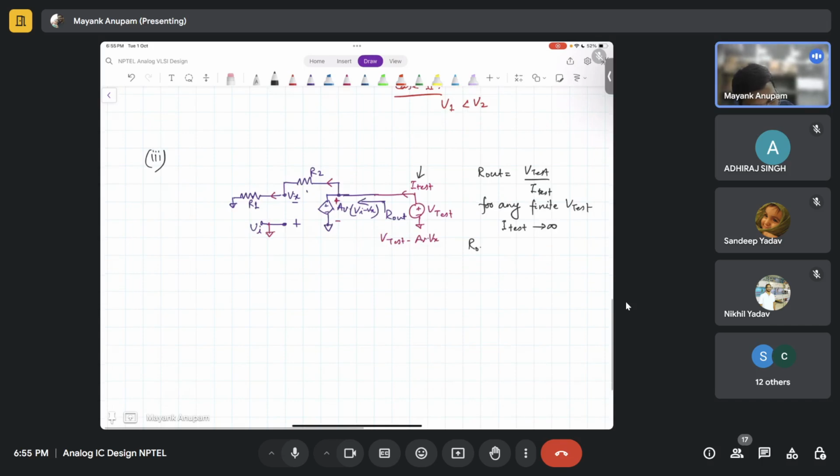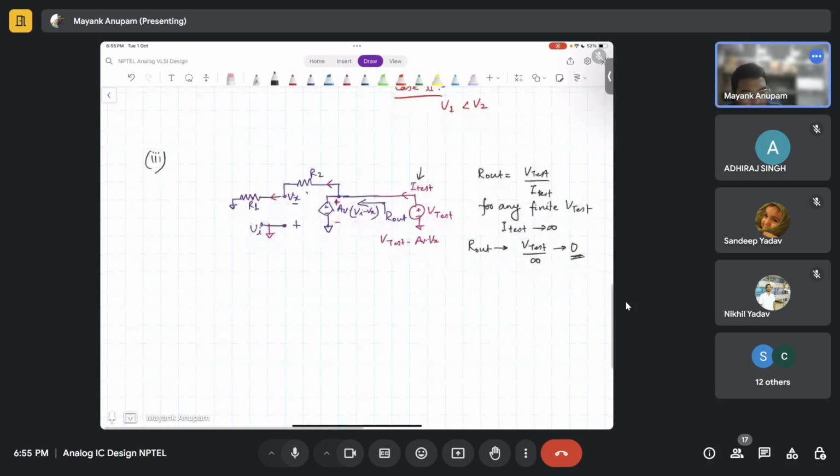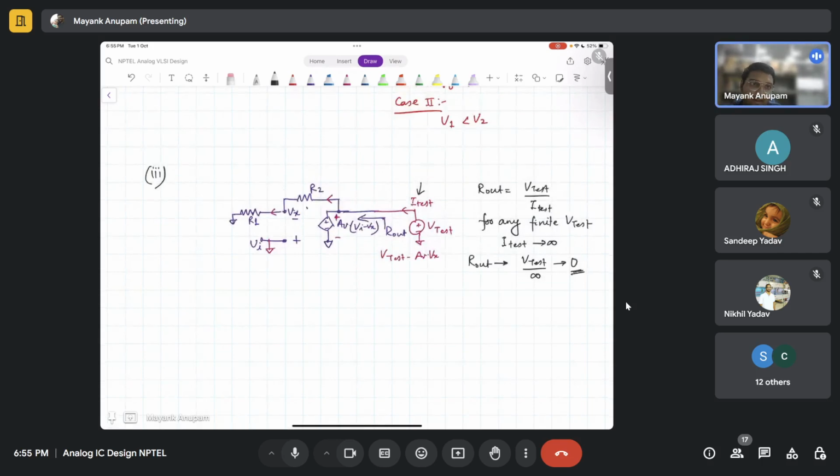So what is going to be R out? R out is V test upon I test, which is V test divided by infinite. This will be 0, right? So you should have told this just like that, right? The output resistance of any voltage source is always 0, isn't it?